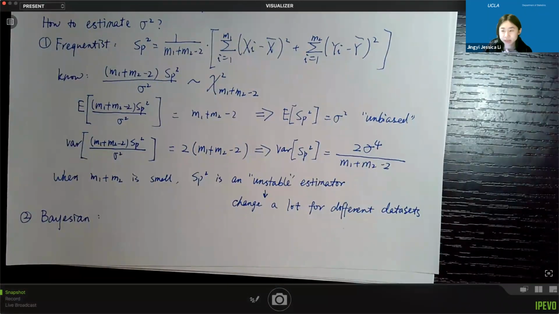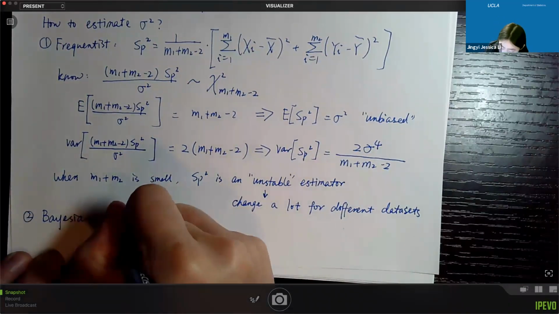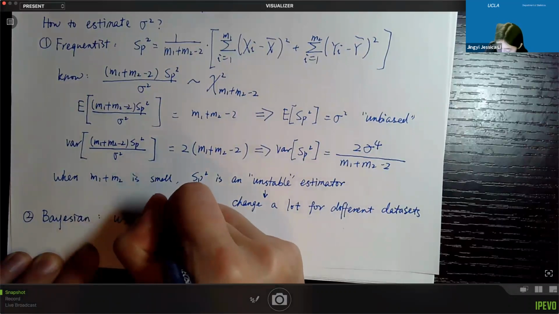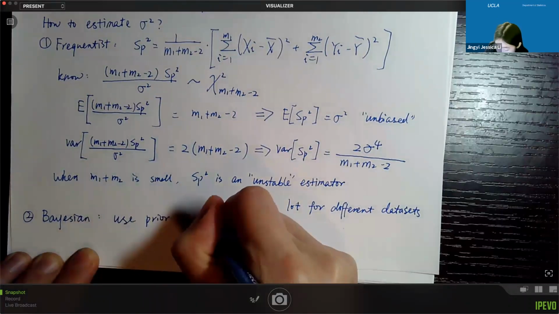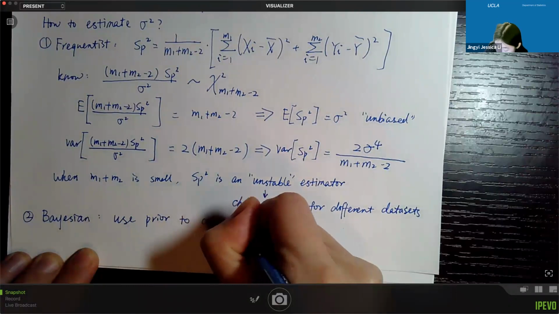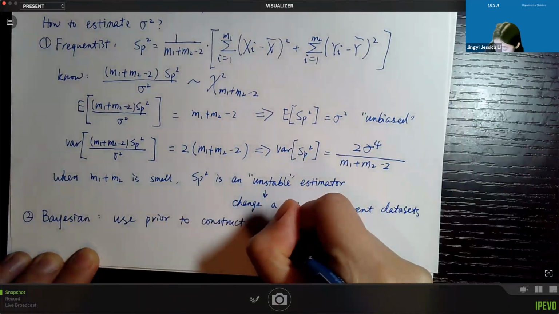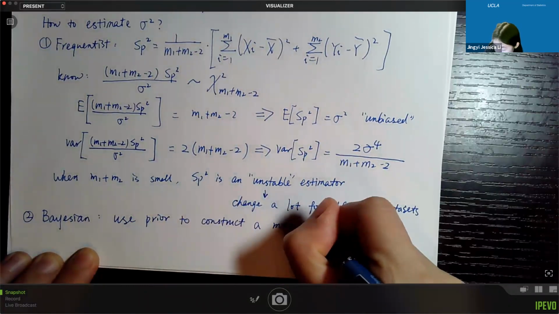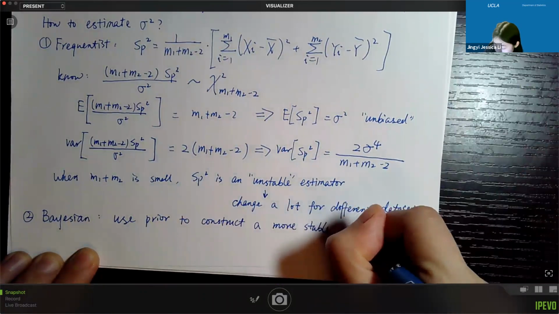We use its flavor that you can combine the prior as your information, as knowledge, in addition to your data, so that hopefully the prior can help you find a more stable estimator. Use prior to construct a more stable estimator.